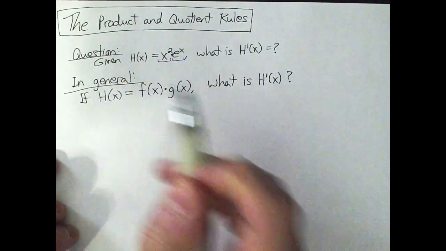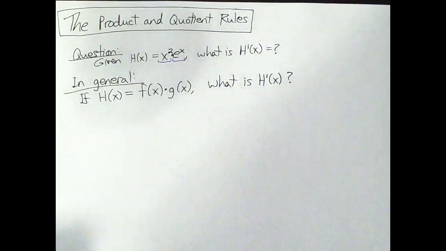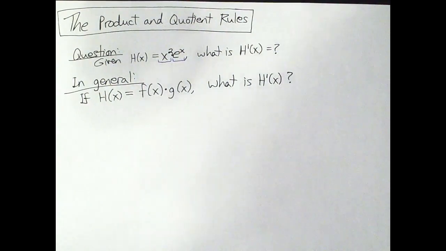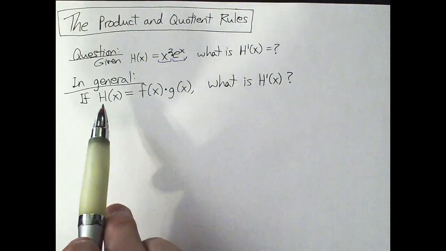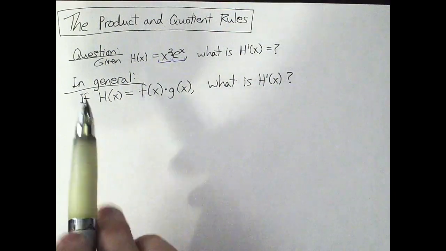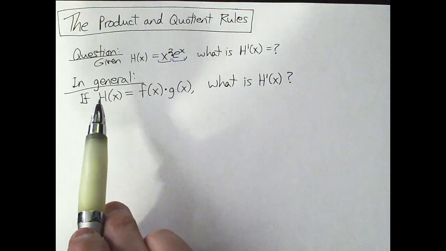I'm using capital H because I want to use f and g as the two smaller pieces, the two functions that are getting multiplied times each other. So for my main function, I wanted to use a different letter, so I'm using h. And I used capital H because, in the derivative, we use a lowercase h already. So I used capital H here.